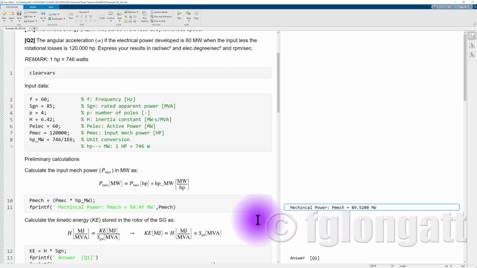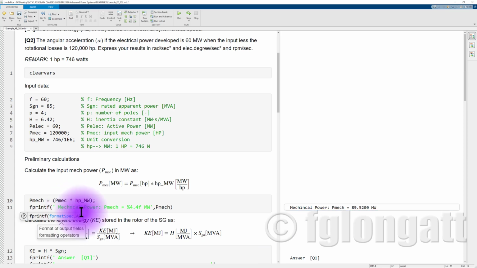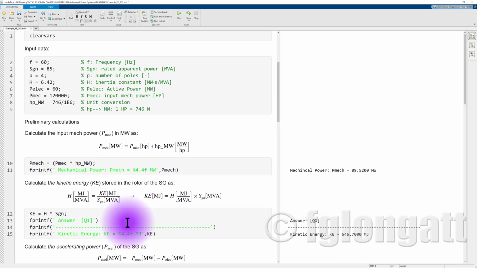That is the mechanical power that we are applying on the shaft of this beautiful synchronous machine.